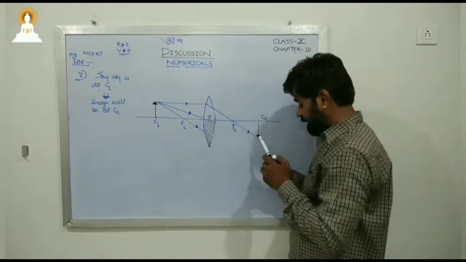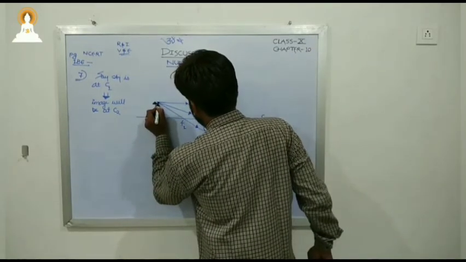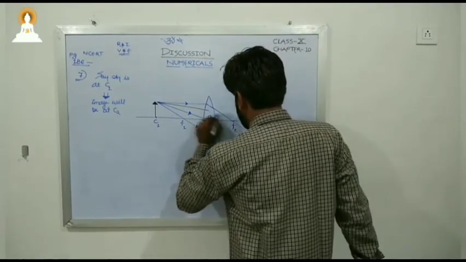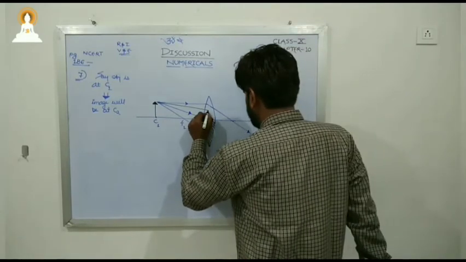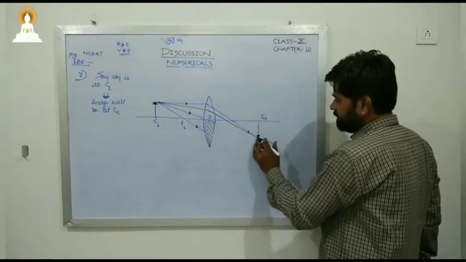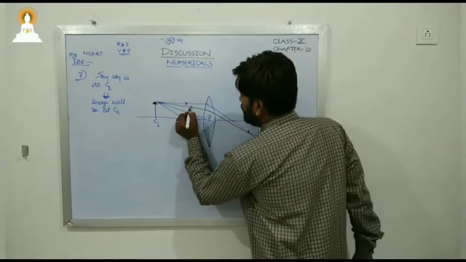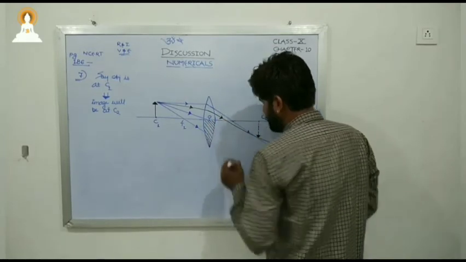If one such ray moves like this, then even if it is not moving through the focus, no problem at all. But definitely it is crossing that particular point as well. So if I draw this line, nothing is wrong in this.